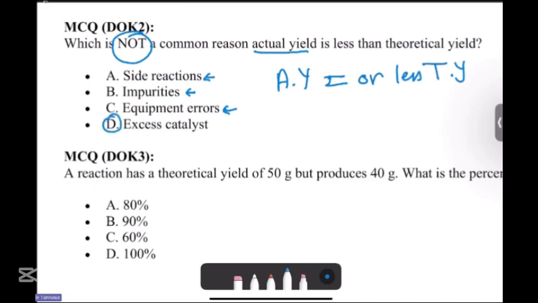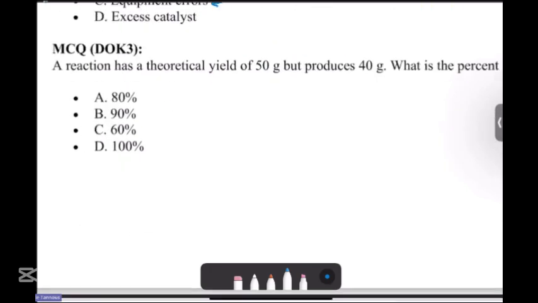Excess catalyst. A catalyst is a substance that speeds up a reaction. It has nothing to do with the amount of product obtained. So a catalyst is like an enzyme. It makes the reaction go faster. So it has nothing to do with the results of the reaction. So that's not a reason.